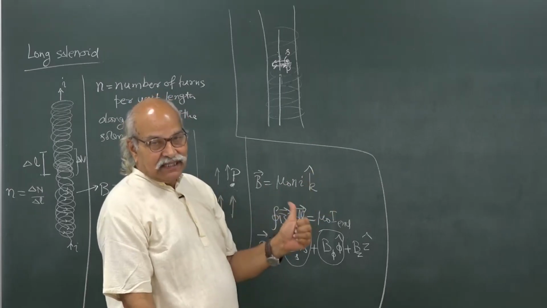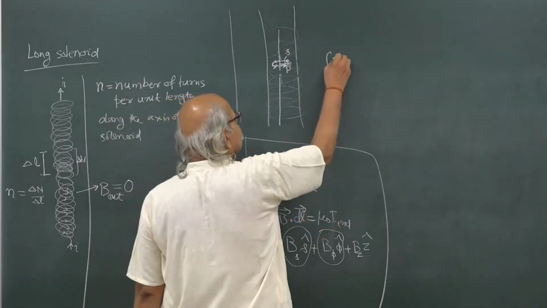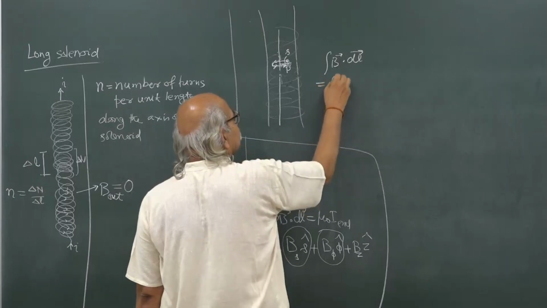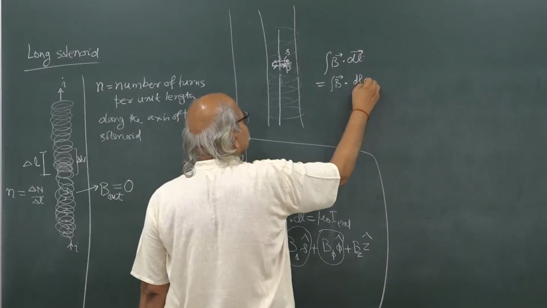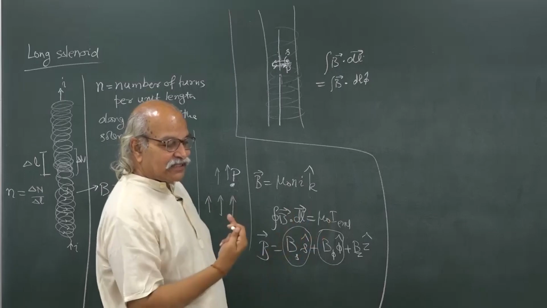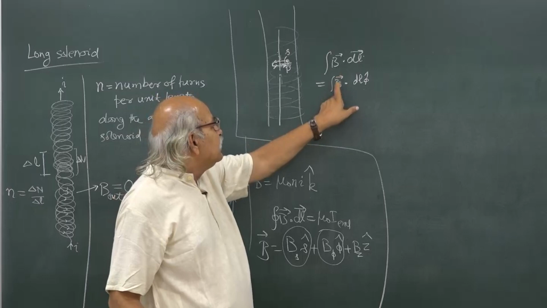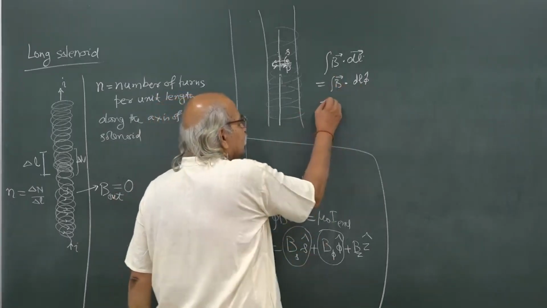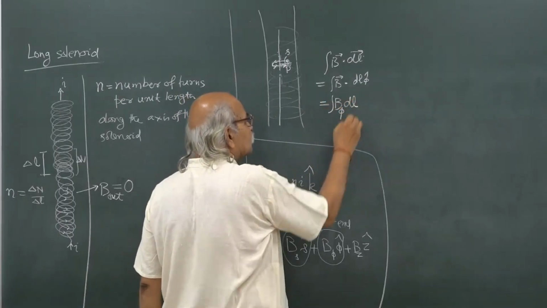If there is, and you use Ampere's law, then B dot dl: dl is anyway in the phi cap direction, because the loop is circular. So dl is in the direction of phi cap, and B dot phi cap will be the phi component of B.